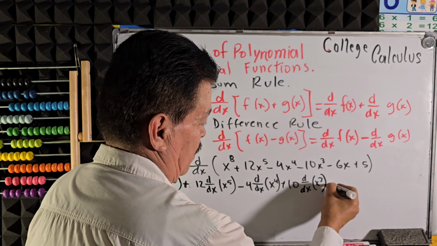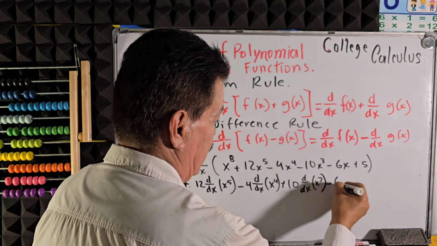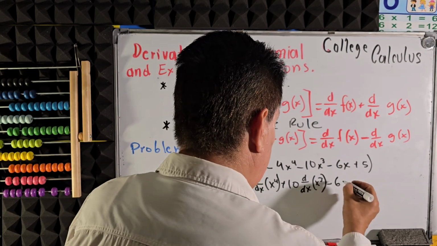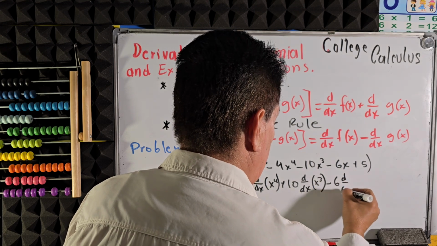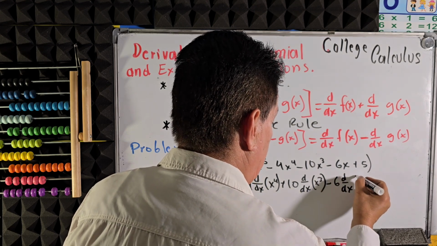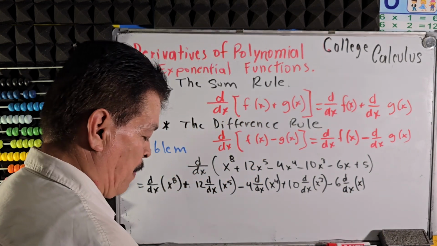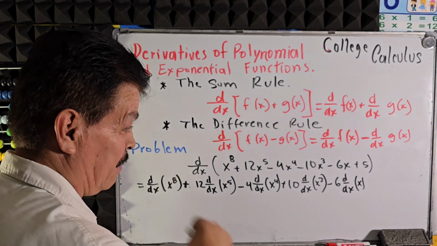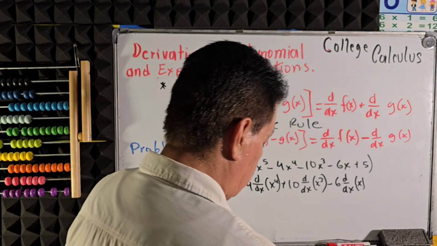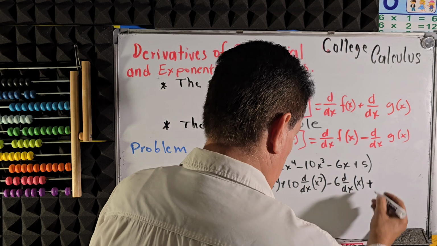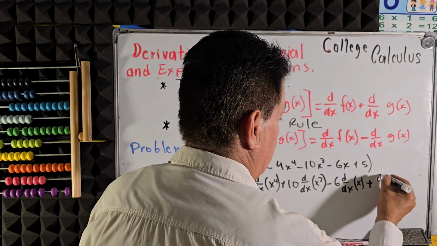So just write there. Minus 6, and then d dx times 2x, right? Plus we have, and then the last one, d.